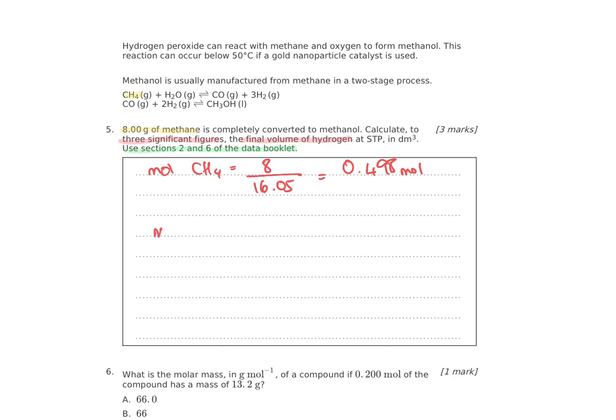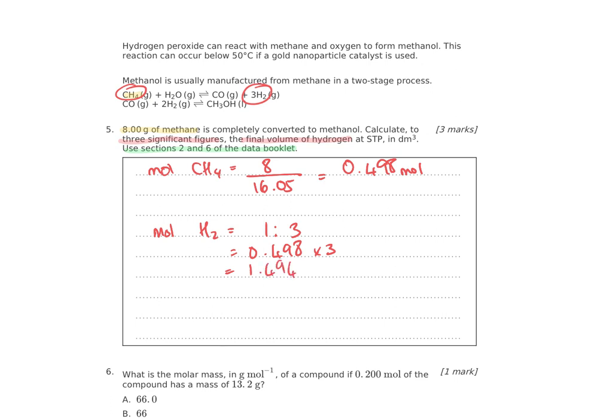So then I can work out my moles of hydrogen. My methane to my hydrogen is a 1 to 3 ratio, so it's going to be 0.498 multiplied by 3. 0.498 by 3 gives me 1.494.